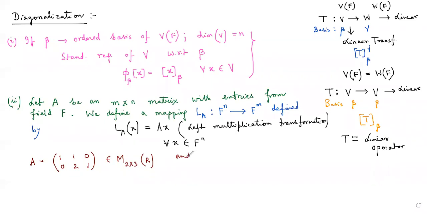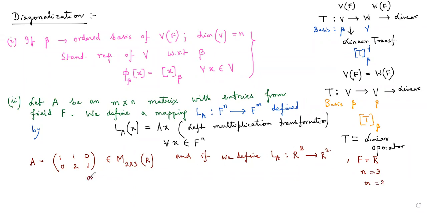Then if we define such a linear mapping from R3 to R2, where of course I have considered F to be R, in the first case n is equal to 3, and in the second case m is equal to 2.